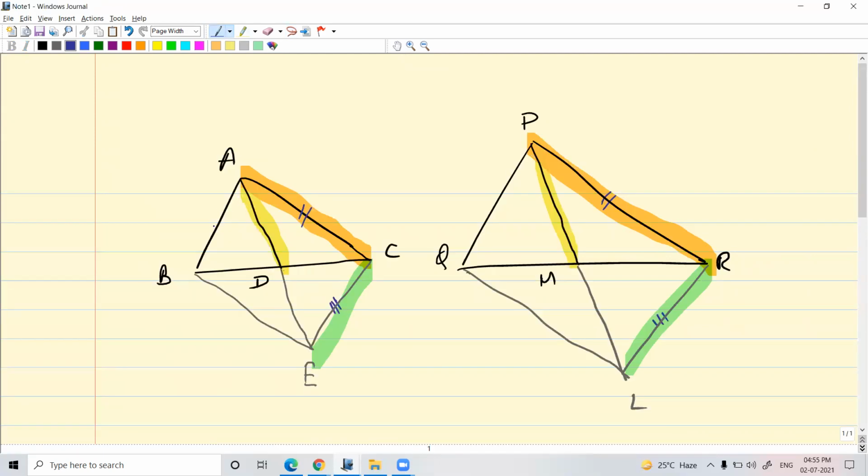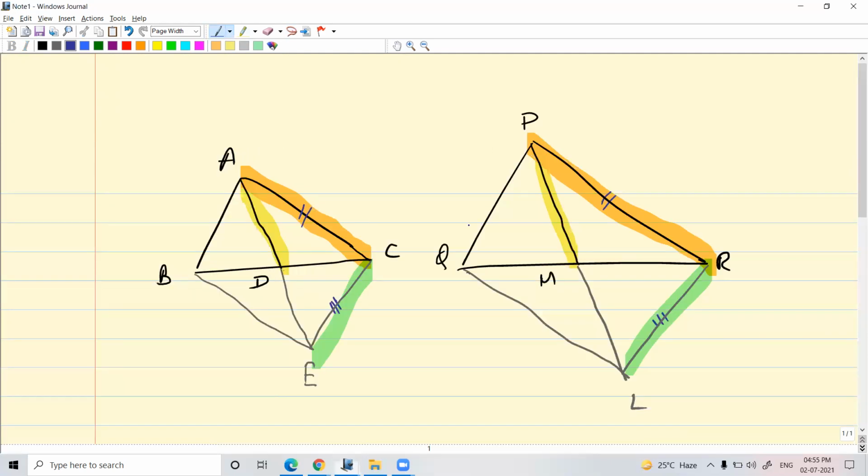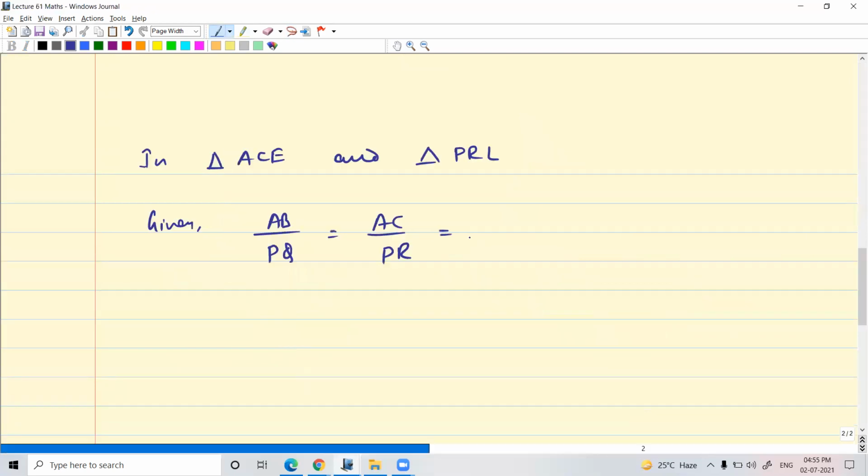So what was given? AB by PQ is equal to AC by PR is equal to AD by PM. Okay, this is what is given.